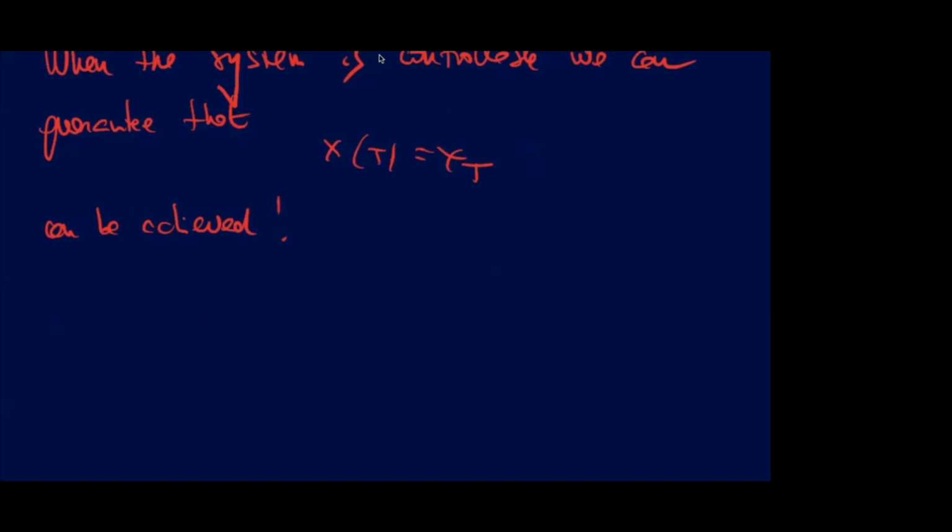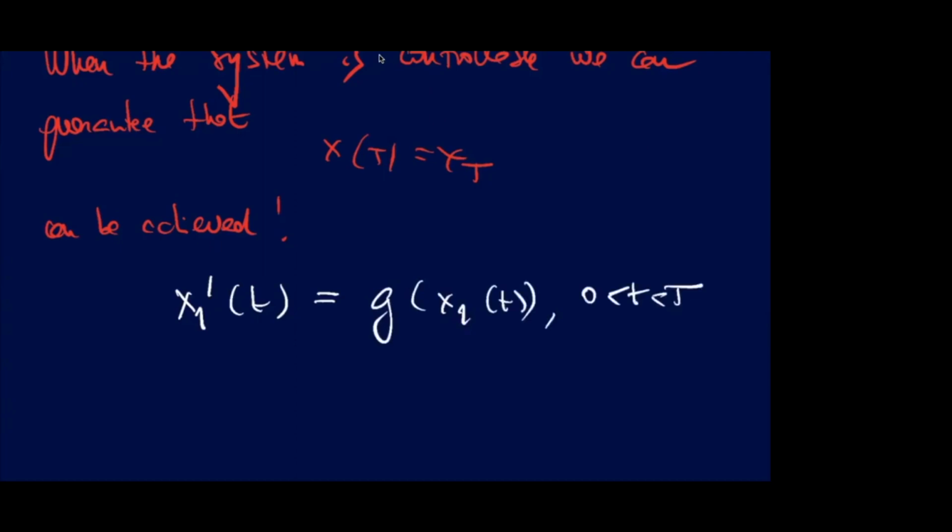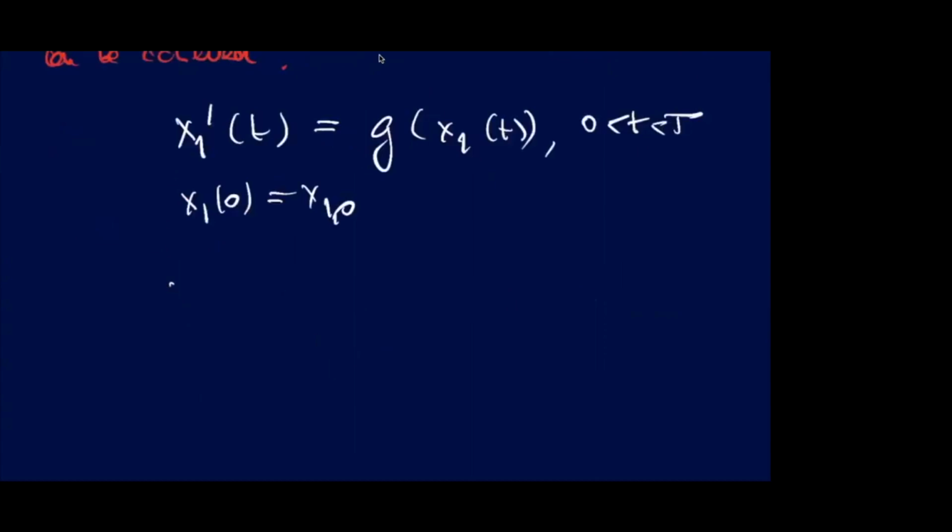You could have a first component of the system completely independent of the other component and of the control, and the second component depending on the control.